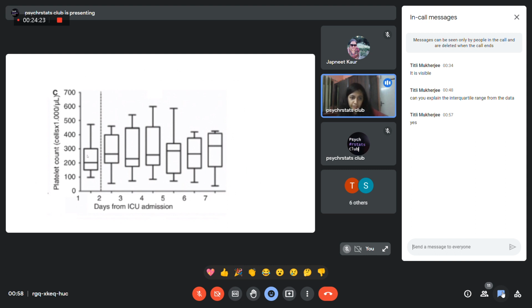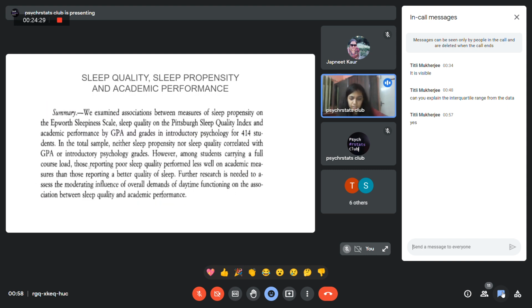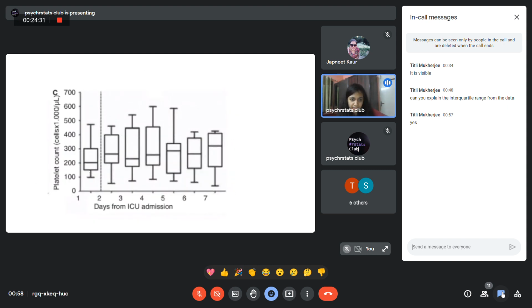And in this graph, you can see in this box plot, this rectangle, the lower edge, if you can see my cursor, is the 25th percentile, on the top is the 75th percentile, and this entire thing would be the interquartile range.